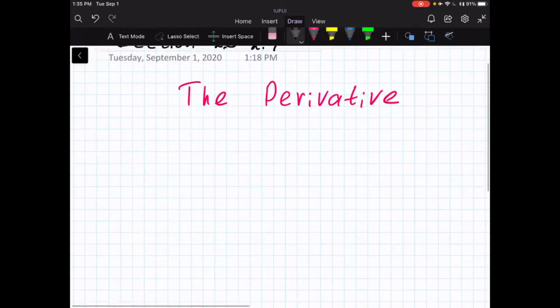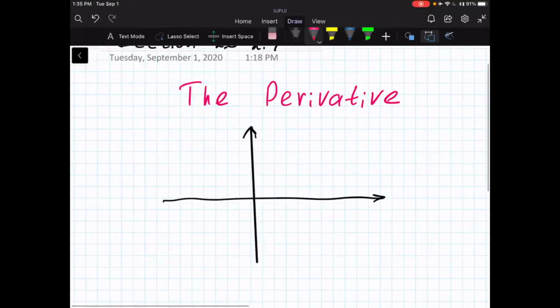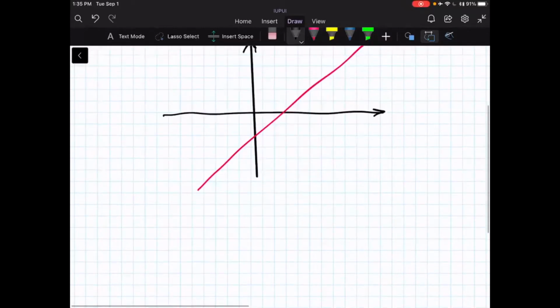So let's recall that if we have some straight line, let me just draw it here. So suppose we have some straight line that goes, say, like this. Then if you try to calculate the slope, remember that we'll denote slope by m.